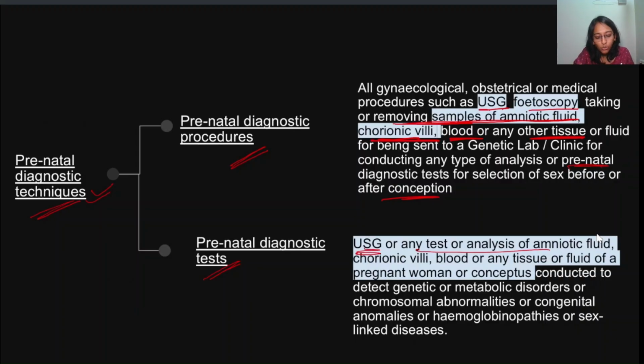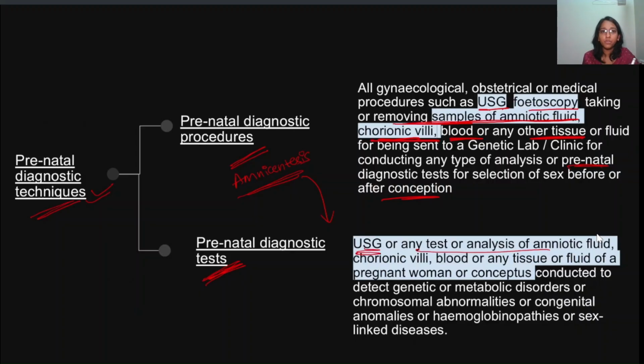So now we do a procedure called amniocentesis. That is a procedure. Amniocentesis is nothing but we take amniotic fluid from the fetal amniotic sac, and that is a procedure, from which we get some amniotic fluid which we send to the lab for test, and that test is called prenatal diagnostic test.